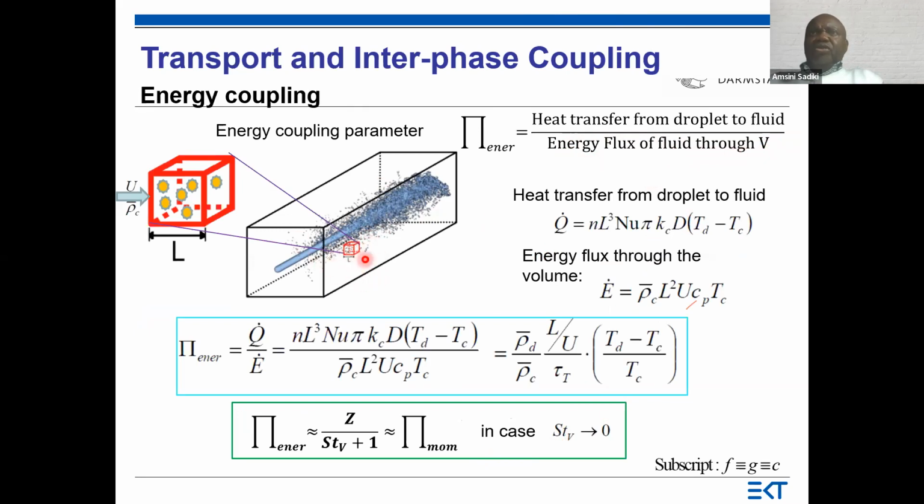And here we first consider a control volume to see it correctly. So we have the energy flux, this flux multiplied by the surface L squared and multiplied by this energy. And this is the heat transfer we got as we introduced the Nusselt number.